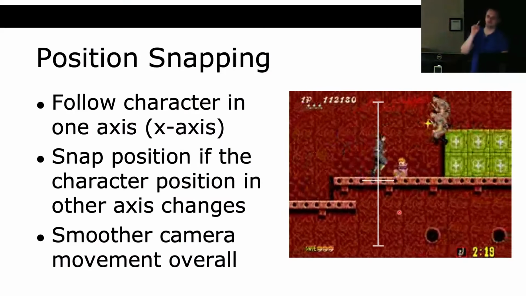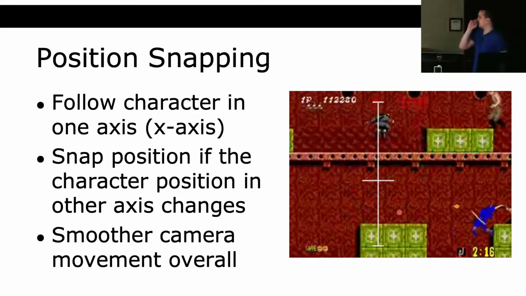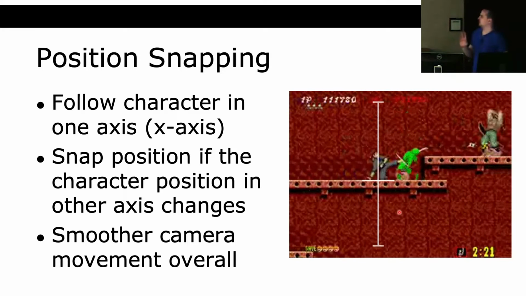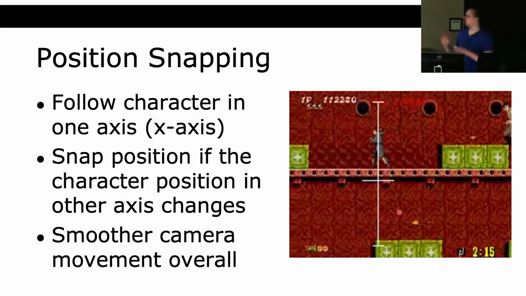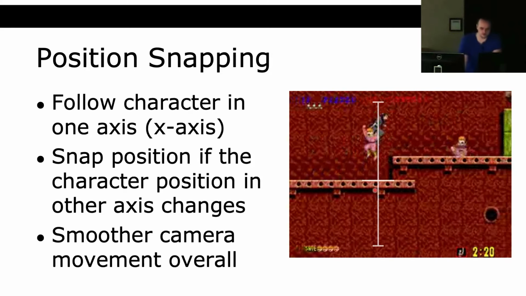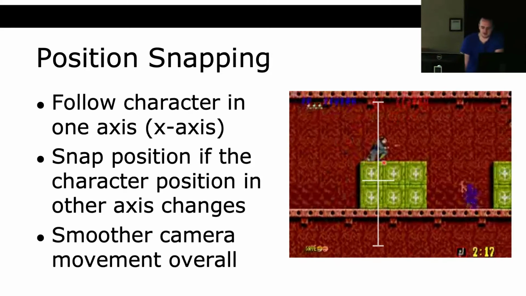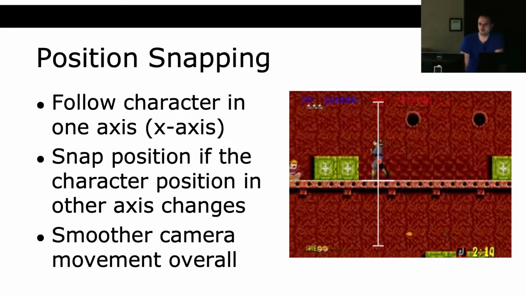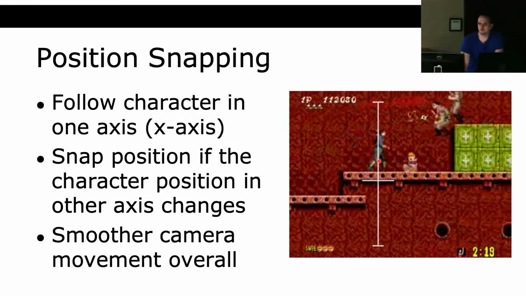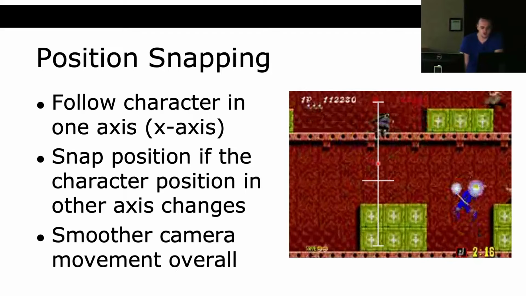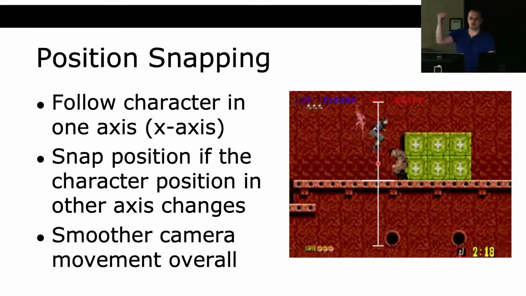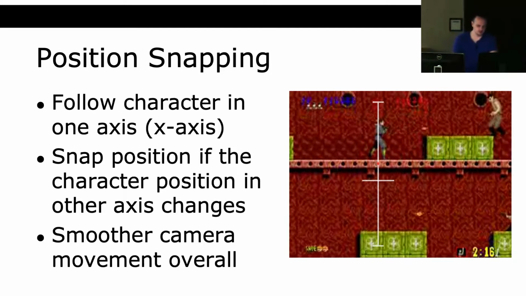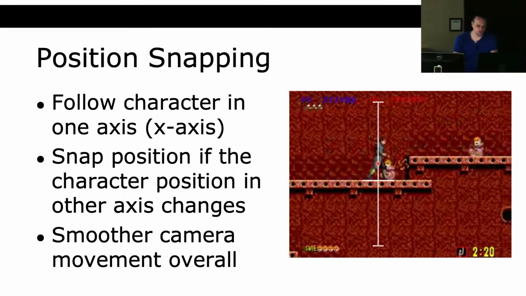Now, there was position locking, but there's this other idea of position snapping. It follows the character in a particular axis, or both axes, but here we've got an example of one axis. In the x-axis, the camera is always just locking onto the player. So that's that follow and locking camera. But in the other axis, it's doing this catching up snapping rather than just following the player.